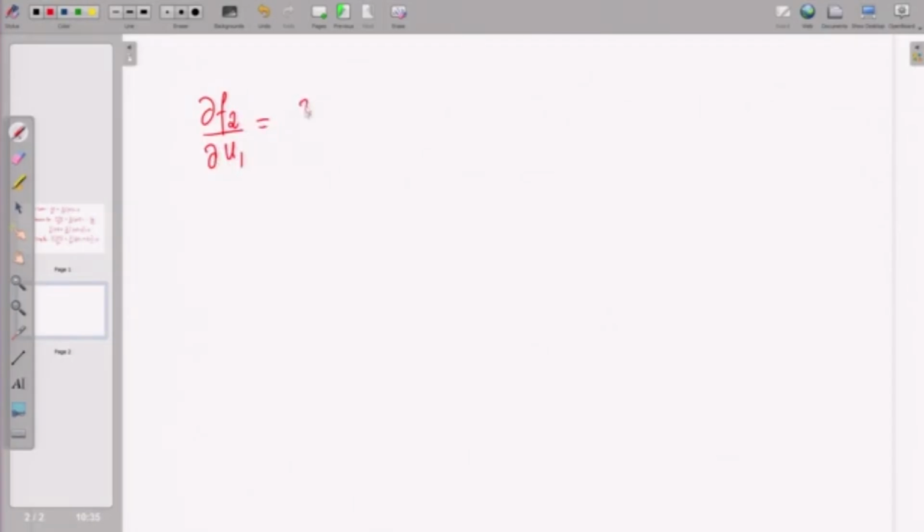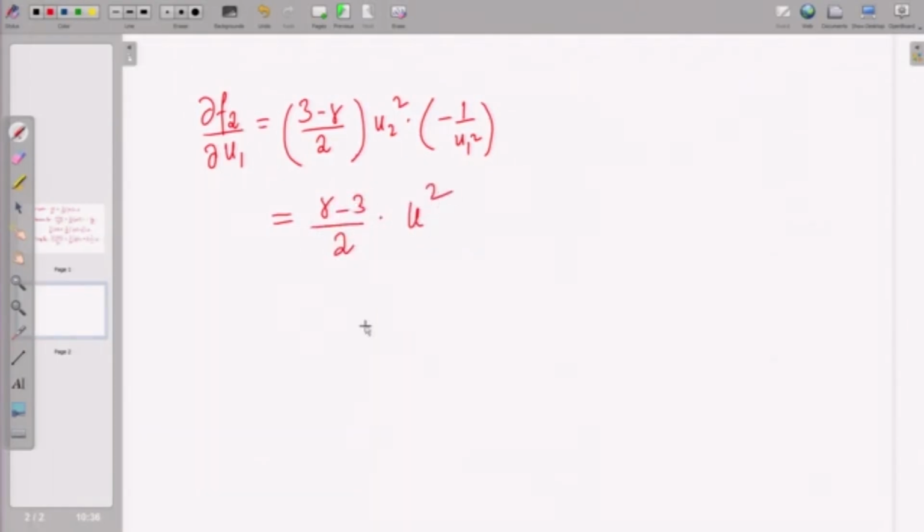So, that will be 3 minus gamma by 2 and then it will be U2 square into minus 1 by U1 square, and once you collect them together, we will put it as gamma minus 3 by 2 and then if you gather those terms together, it turns out to be U square, because U2 by U1, if you take a ratio, it will give you U and then it is squared. So, that gives you del F2 del U1.